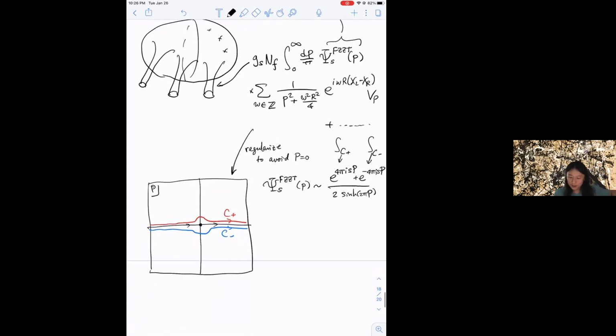And then we can deform each contour. We can push the C plus contour to the upper half plane and C minus contour to the lower half plane and pick up a contribution from the residue.